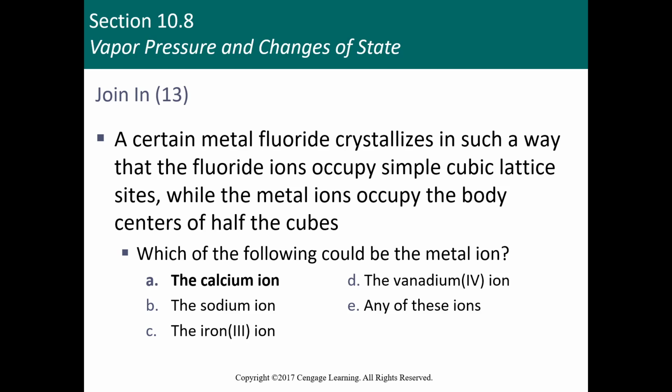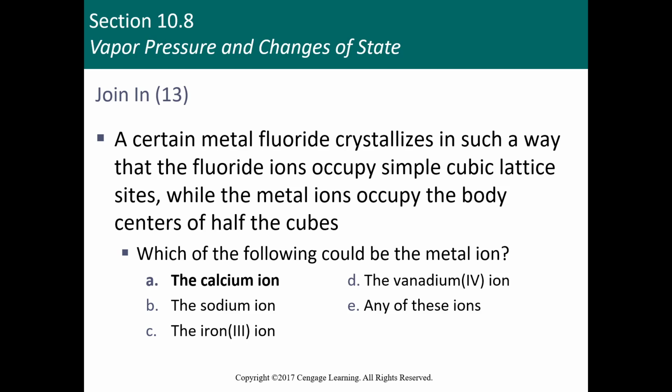The fluoride ions are in the simple cubic lattice sites, and so that means each unit cell is going to have 8 times 1/8, or another way of saying that would be 1 fluoride per unit cell. And then we have to figure out how many metals the unit cells would have. The metal ions occupy the body centers of half the unit cells.